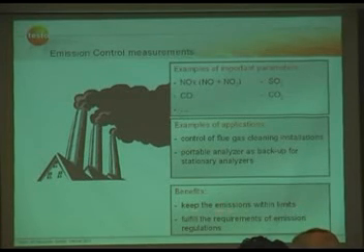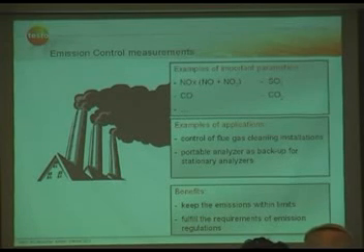And benefits, of course, are to keep the emissions within limits according to the local requirements and fulfill the requirements of emission regulations. And this has changed a lot in the past, because in many countries they wouldn't allow you to use a portable analyzer for monitoring emission values for compliance testing, because all or most of the regulations were technology-based. And four or five years ago in the US, they were the first country to change this, and they said, okay, we would like to get rid of technology-based instruments.